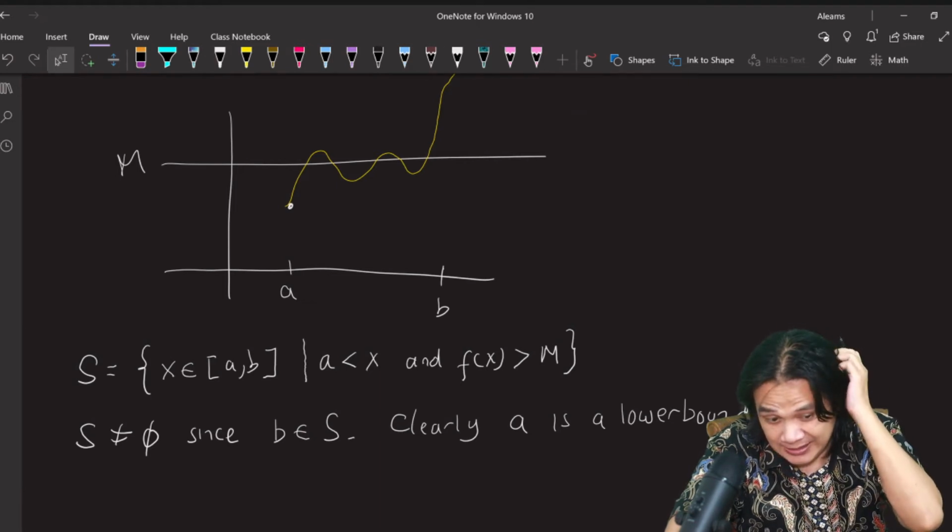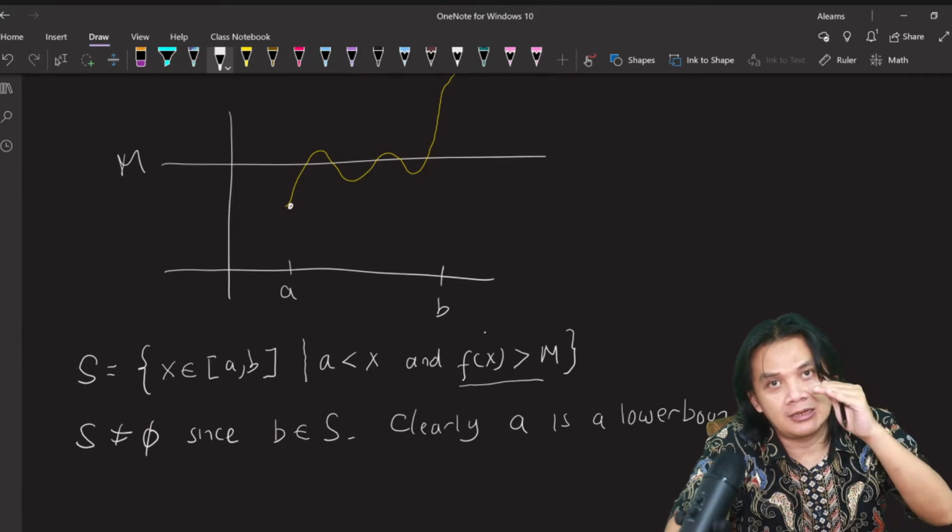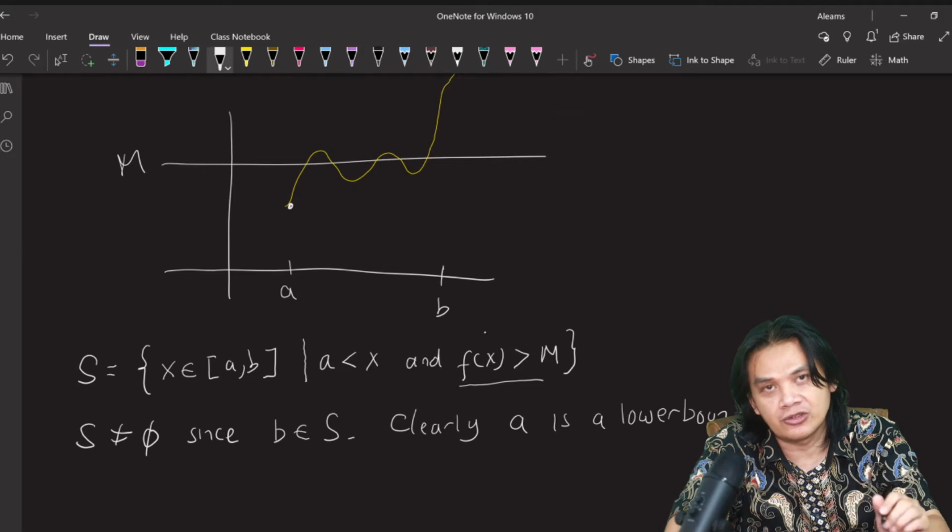Remember that we collect elements in the interval [a, b] such that the value is above the horizontal line.